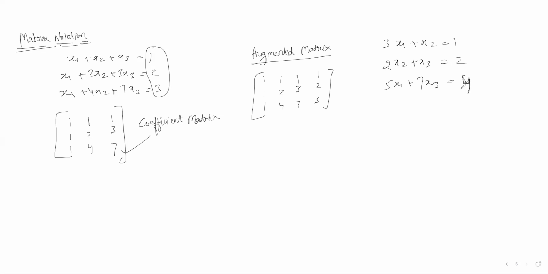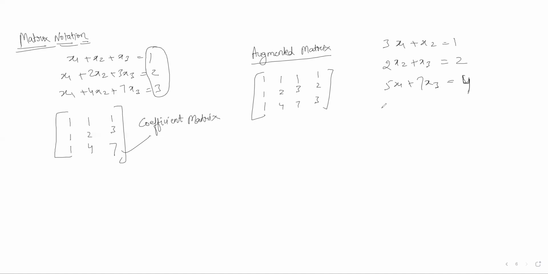If this is given, how many variables do we have? Three, right? Here you have three variables, and not all of them are present in every equation.